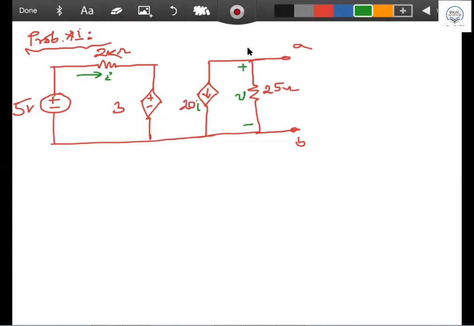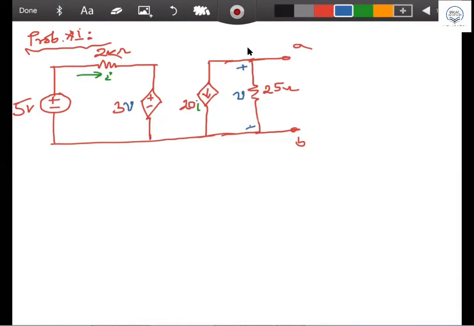I write it here, plus, so that all of you can get it properly. The blue dot is a plus, minus, this is V, this is 3V. So you all get it actually, the question.